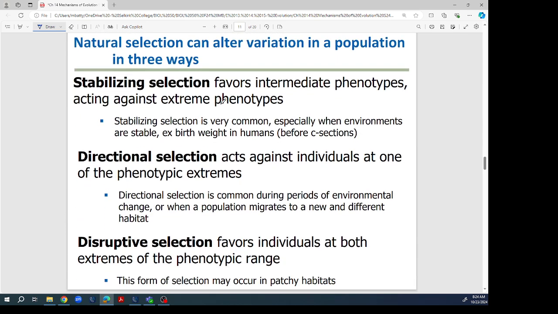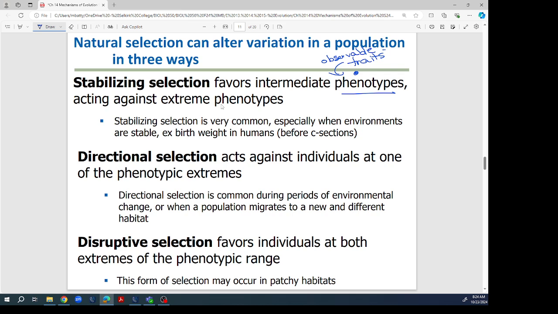So natural selection can go multiple ways. It can have a stabilizing selection, and so that favors the intermediate phenotypes or traits that are observable traits, and doesn't select for the biggest or the smallest.